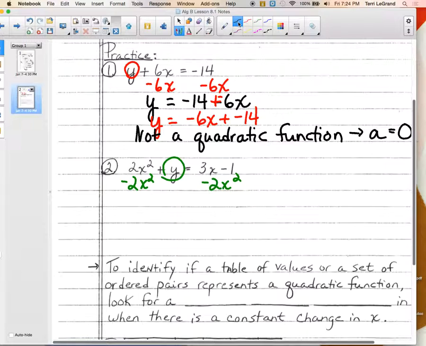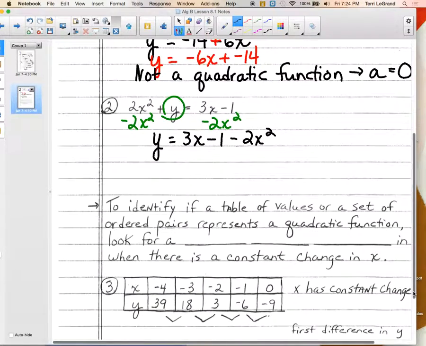Okay, now we'll have y by itself, and then let's just write it in the order it is. 3x, take away 1, and then we decided we also need to subtract 2x squared from this side. Yeah, I know, you're probably already a jump ahead of me. You have changed those subtractions to add the opposite, because you're good at that.